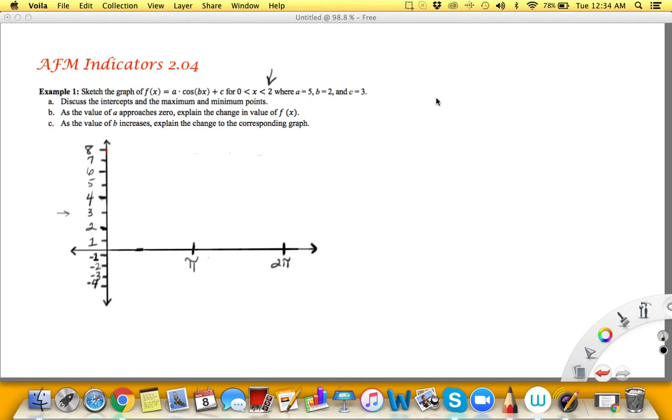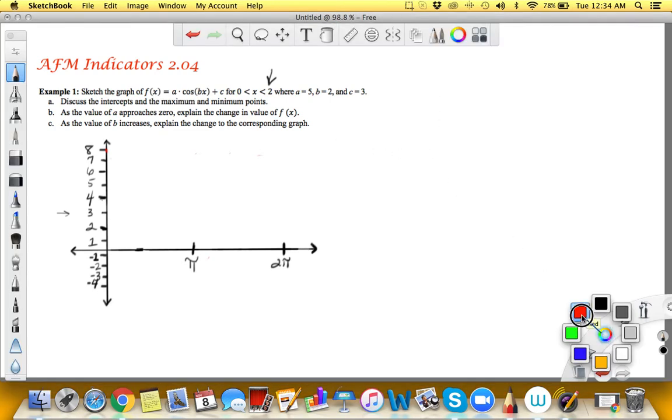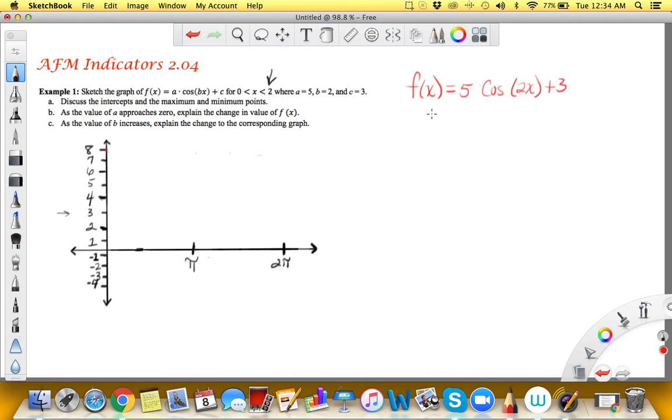So the first thing we must do is rewrite this function, replacing a, b, and c. So we get 5 cosine of 2x plus 3. Now what I always do is write out the amplitude, which in this case is 5.